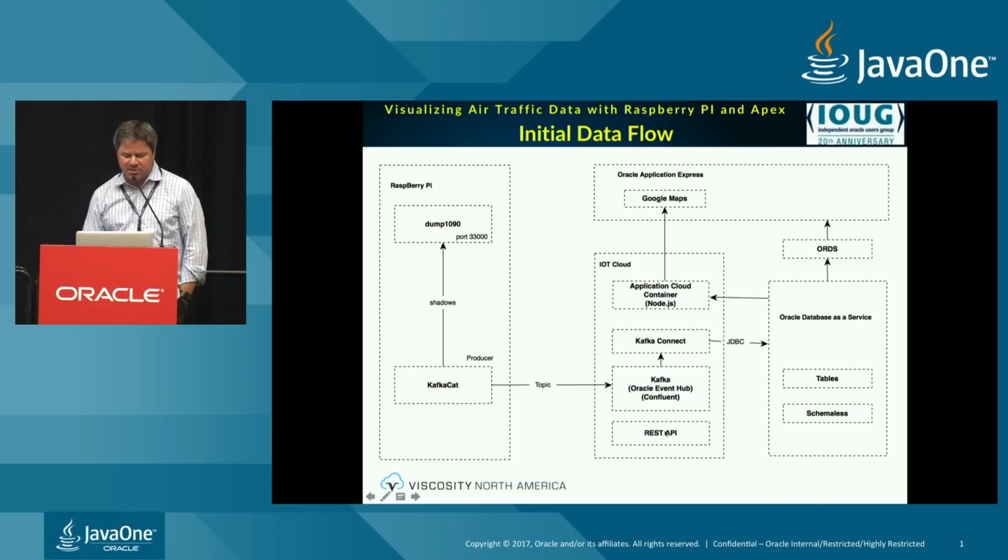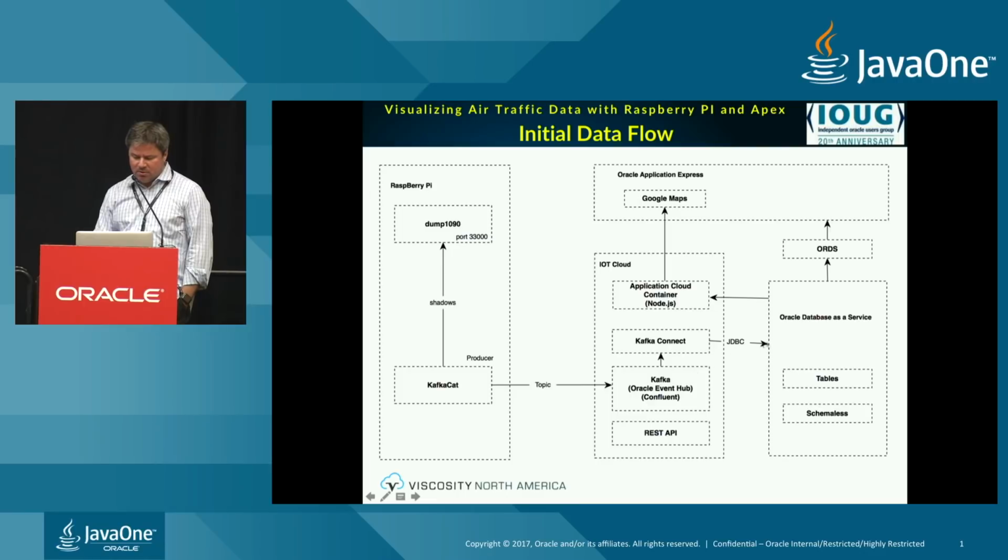It also gives you a REST API to query that data and apply some schema to it, because otherwise it'd be pretty much schemaless. Basically, kafkacat becomes the producer of data. It produces data on what we call a topic, and then that goes into Confluent or the Oracle Event Hub.